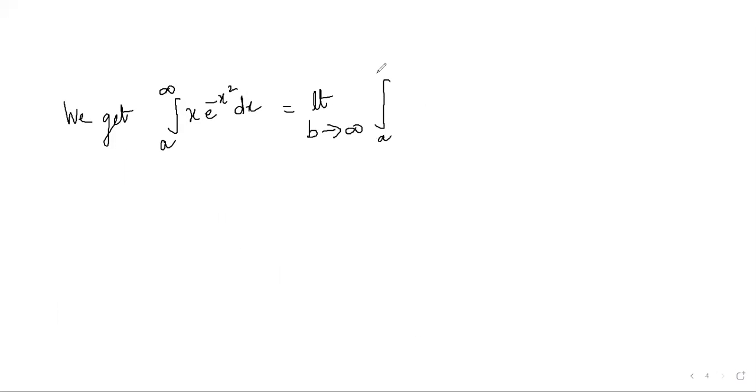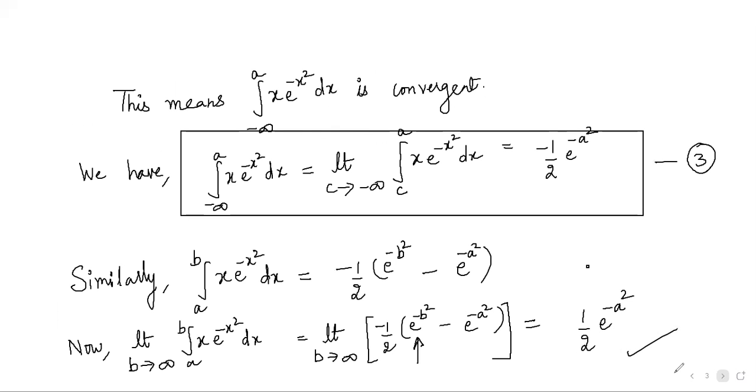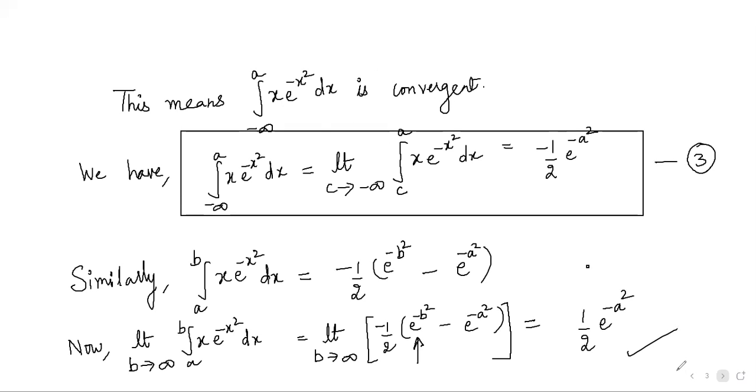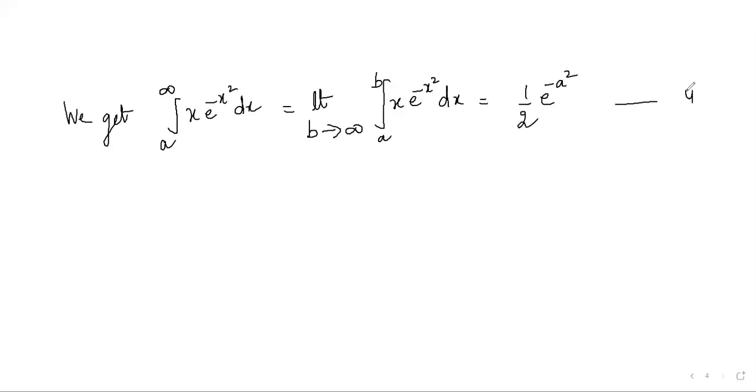We have considered this integral and here we have shown that it is equal to 1 upon 2 e raised to power minus a², and let us name this as equation 4.